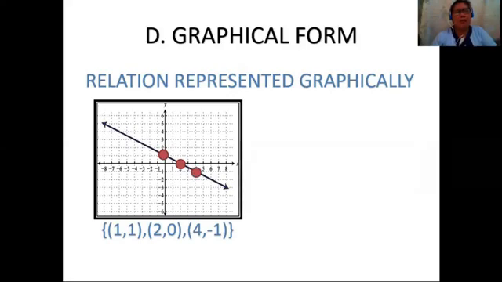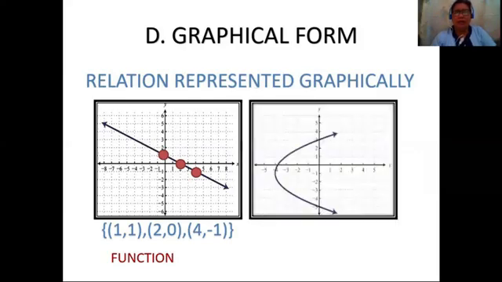How do you consider this graph? Is it a function or not a function? And this is a function because no two ordered pairs have the same abscissa.